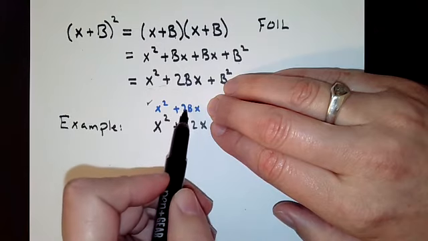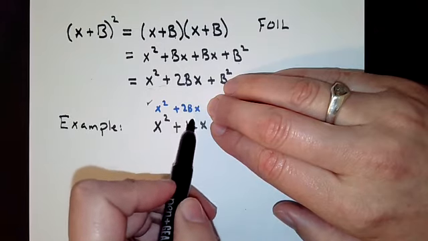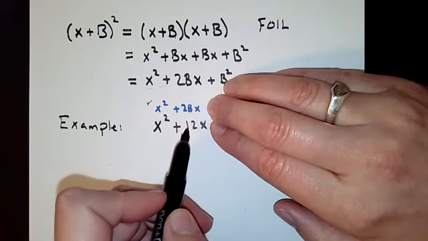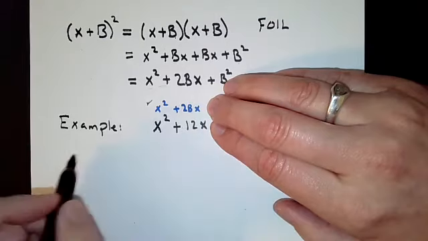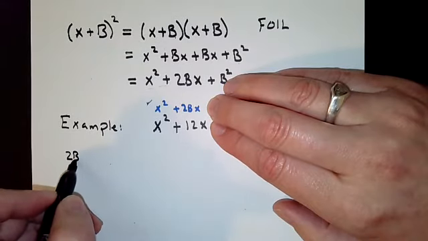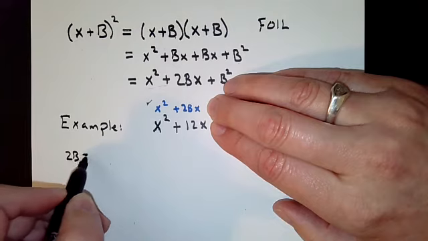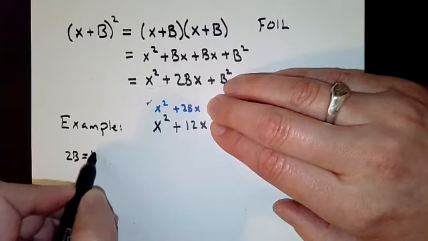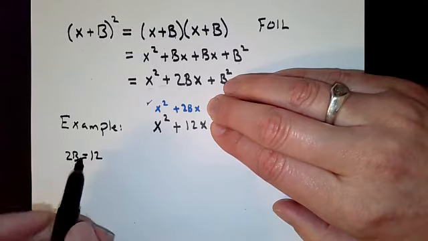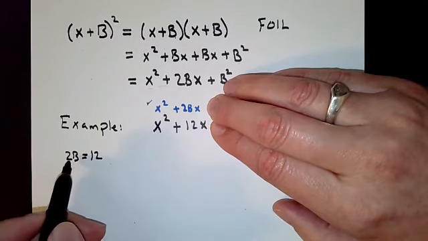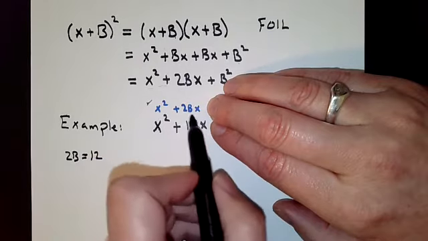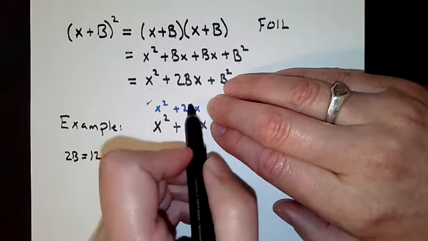That matches as long as we state a relationship between 2b and 12. In order for this to match, it must be the case that 2 times b from the pattern has to be the same as the 12 that we have. So we define it this way. 2 times b is going to be equal to 12. And that means these two terms match.